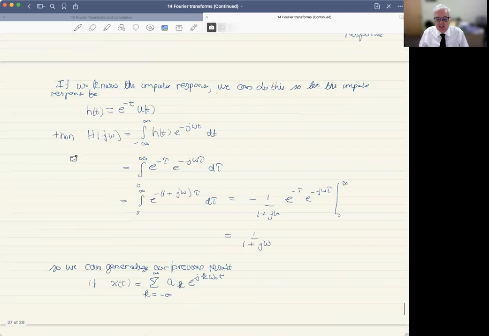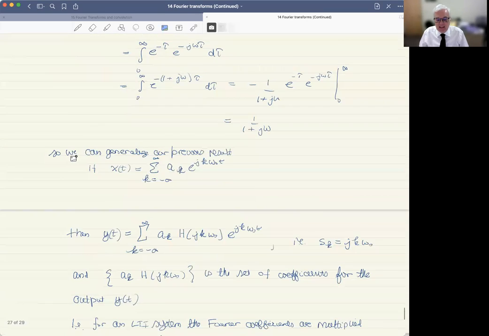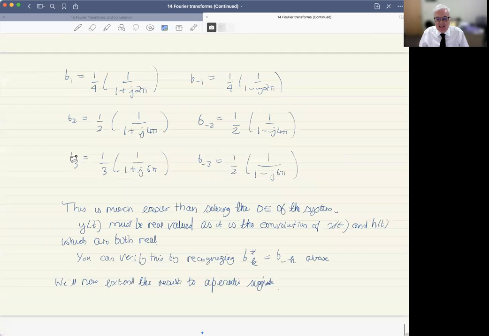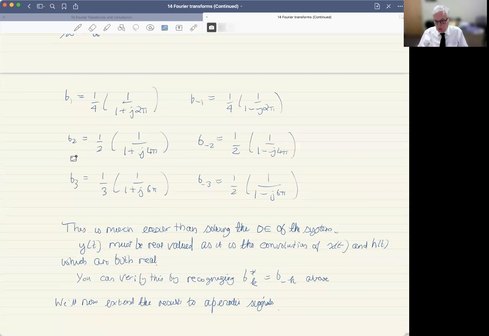And so I've determined what the output is. Again, you have all the details in the notes. And the basic point is this particular problem could have been solved by solving the differential equation of the system, but this is a much simpler result.